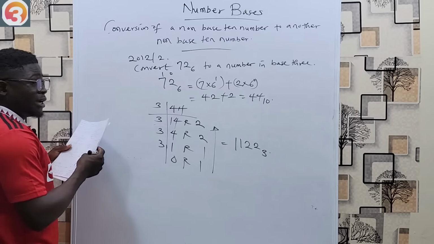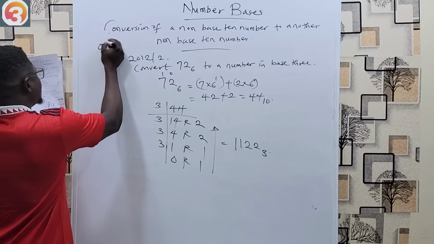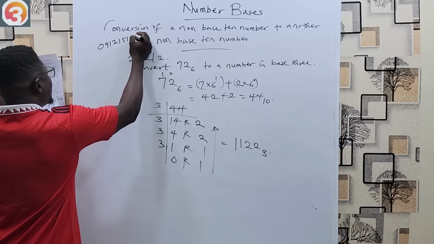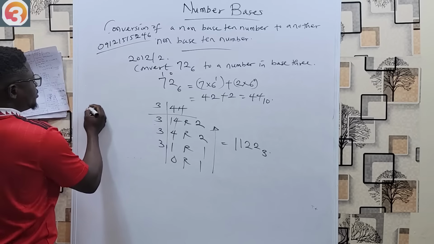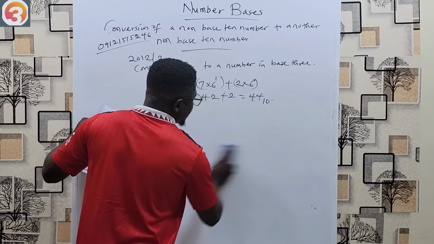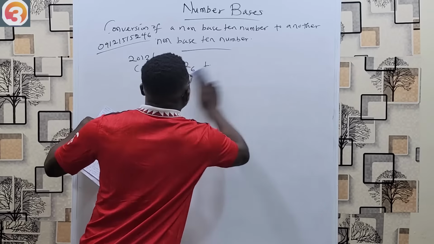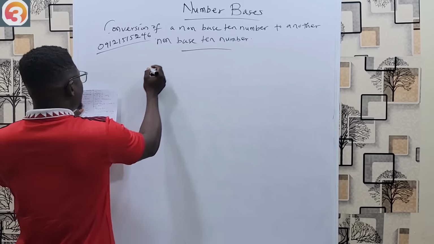In case any is difficult for you, you can send a message on the WhatsApp number 09121515246. A very sweet number. All right, let's take assignment because of time.